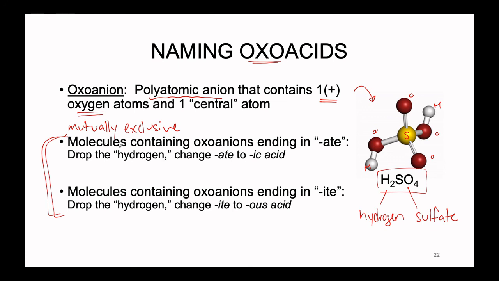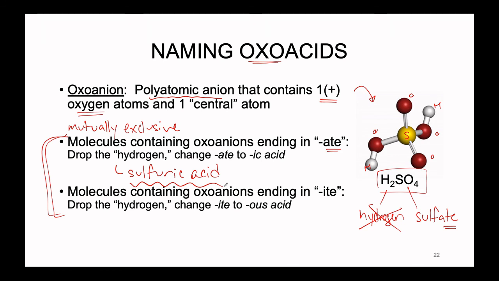So if your acid so far contains an oxo anion ending in ATE, which ours does, sulfate does end in ATE, we're going to drop the hydrogen completely. So we're just going to drop this and change the ATE to ic acid. So this could be known as sulfic acid, or more colloquially, it is known as sulfuric acid.